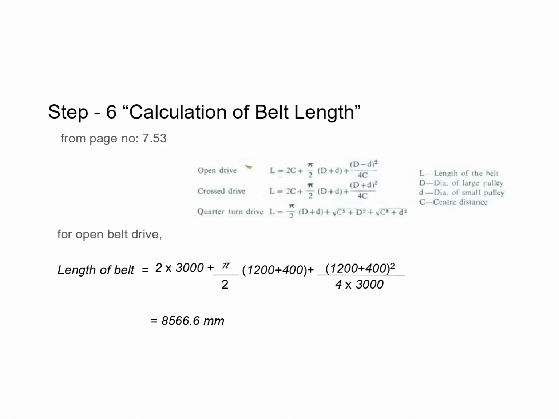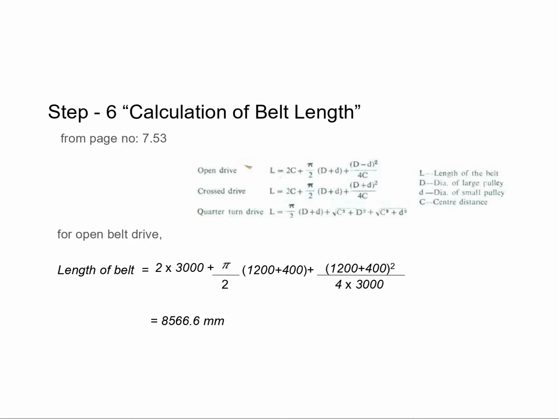Next, step 6, calculation of belt length. From page number 7.53, for open belt drive, L equal to 2C plus pi by 2 into D plus d plus D minus d whole square divided by 4C. This formula is given. Similar to this, for cross belt drive and quarter turn drive, the belt length formula is given.